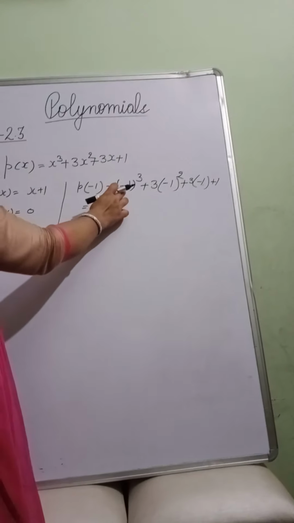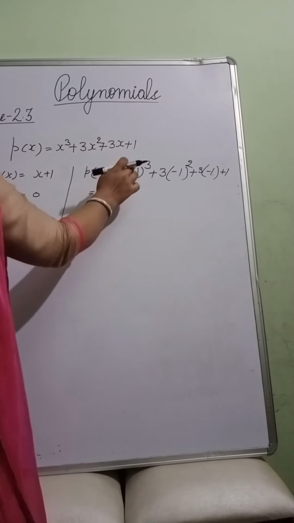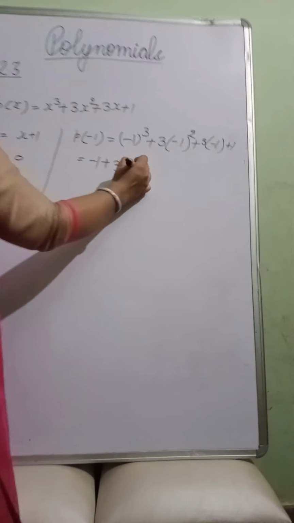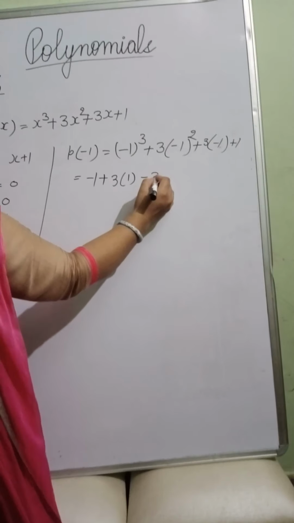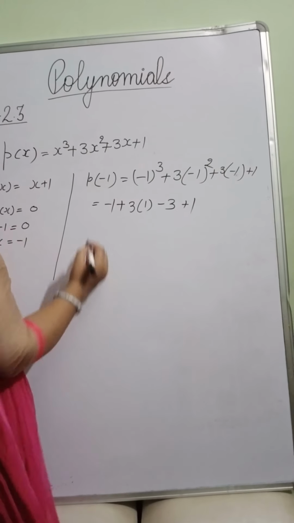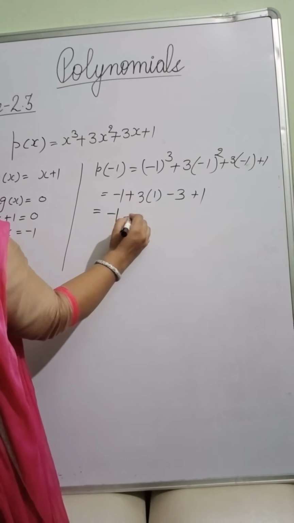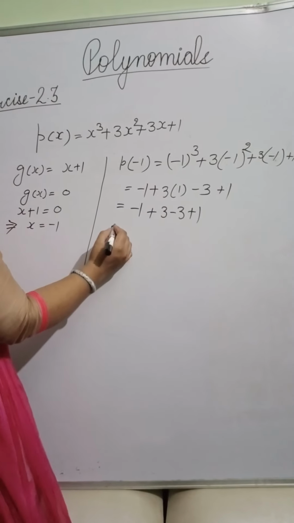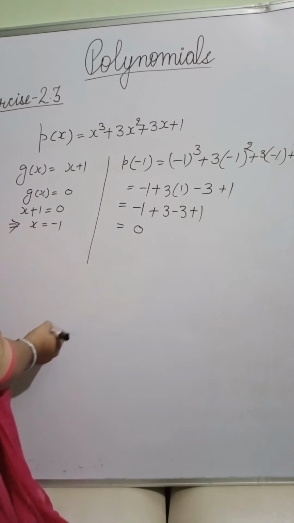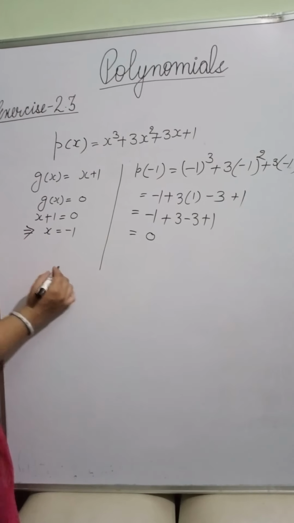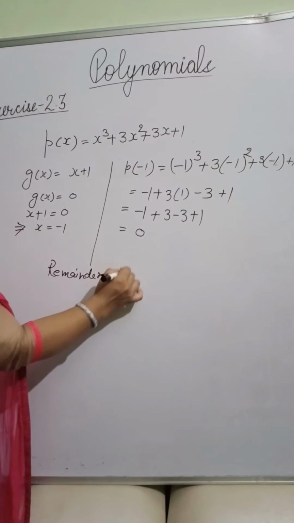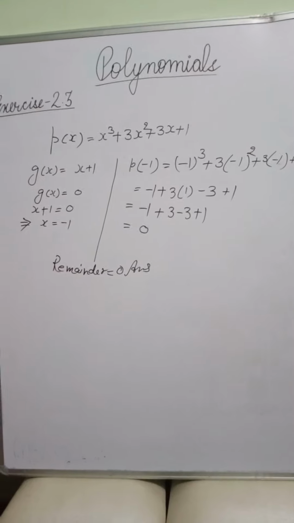You know very well, if you are taking the odd power of a negative number, you will get the answer negative. 3 into minus 1 square, that is 3 into 1. 3 into minus 1, minus 3 and plus 1. Minus 1 plus 3 minus 3 plus 1. As you can see, students, we are getting equals to 0. So our remainder is 0. This is the final answer.